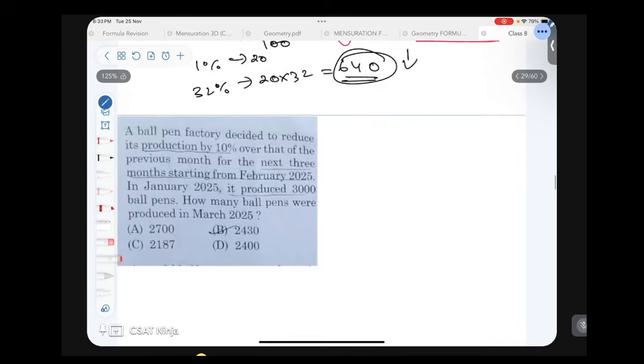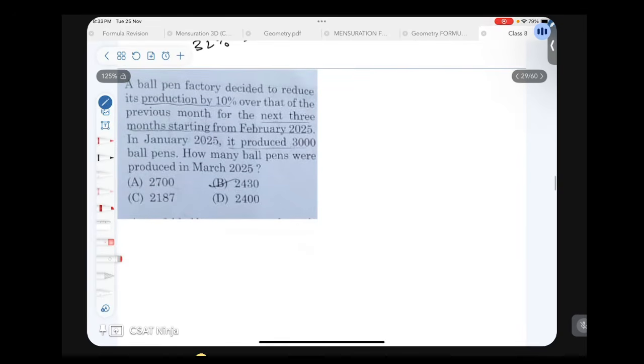Next question here. This was the question asked this year in NSSB. A ball pen factory decided to reduce its production by 10% over that of the previous month for the next 3 months.